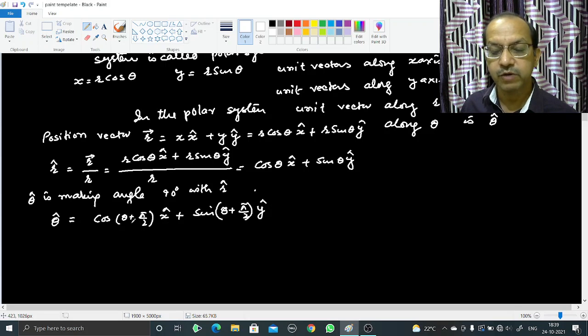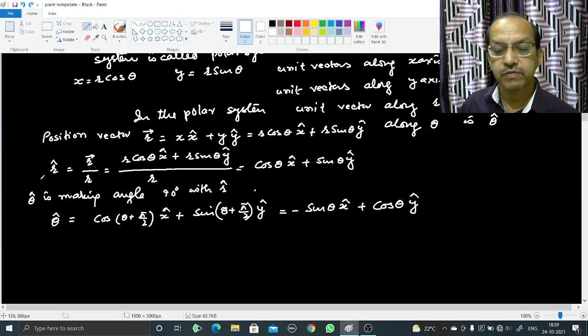Cos(90 plus theta) is minus sin theta, so minus sin theta x cap, plus sin(90 plus theta), that is cos theta, so cos theta y cap. So we have derived r cap in terms of x cap and y cap, and theta cap in terms of x cap and y cap. Now we will derive the expression for velocity.